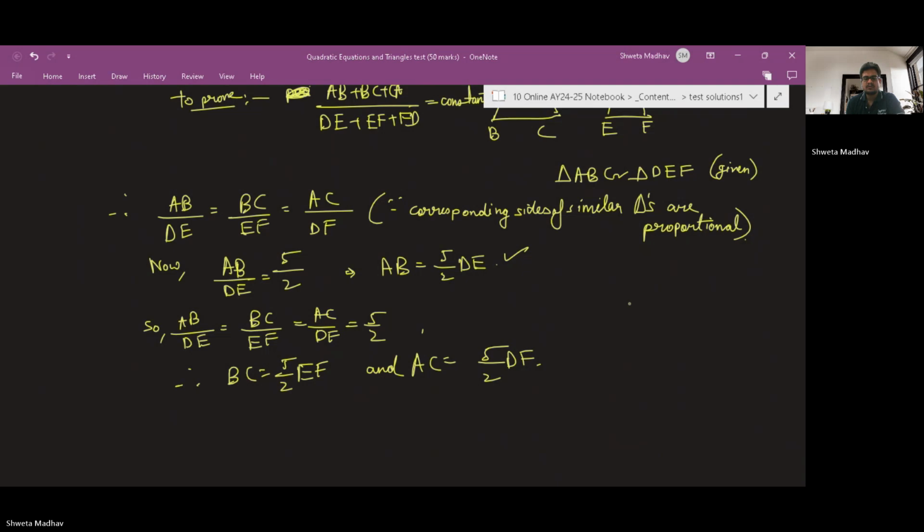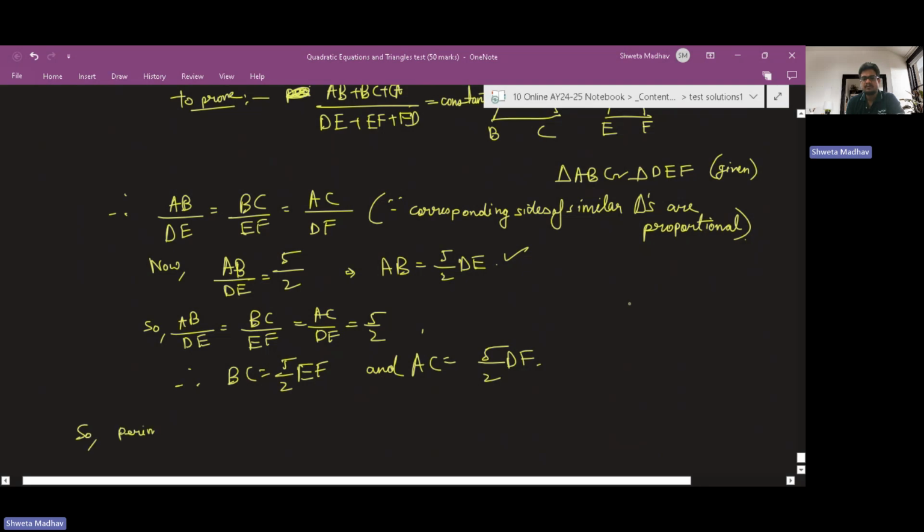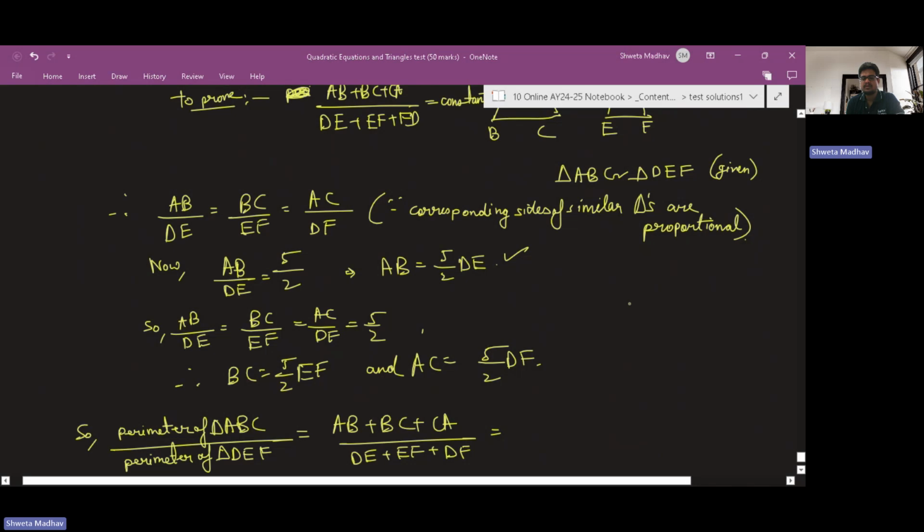So now we can say that the perimeter of triangle ABC divided by the perimeter of triangle DEF will be equal to AB plus BC plus CA divided by DE plus EF plus DF. So that will be equal to, now AB is equal to 5 by 2 DE, BC is equal to 5 by 2 EF, and CA is equal to 5 by 2 DF, divided by DE plus EF plus DF.